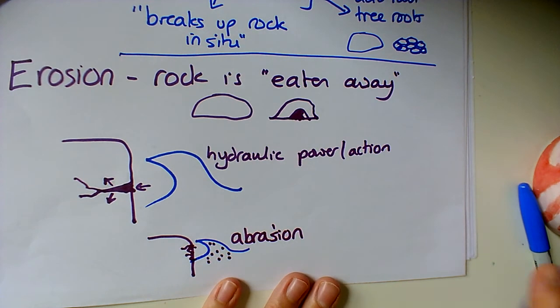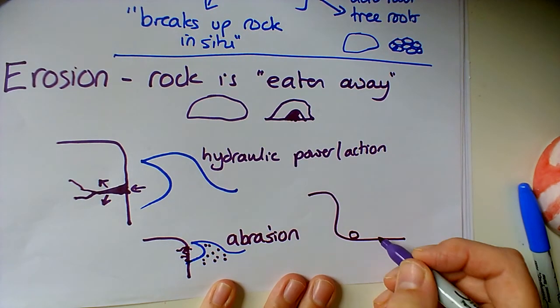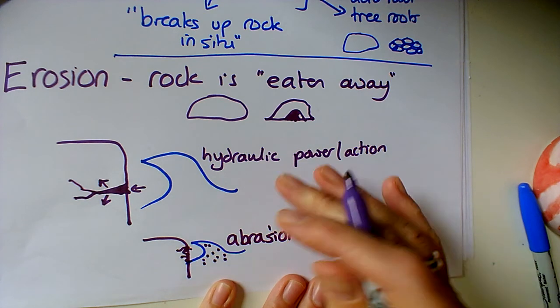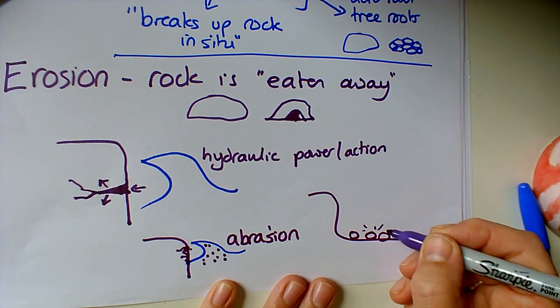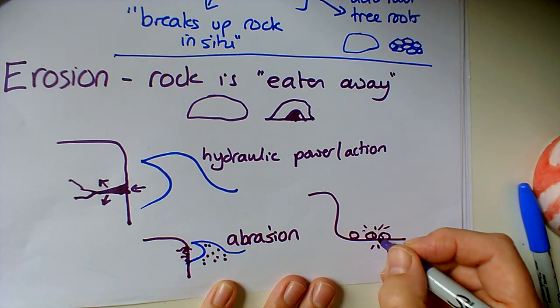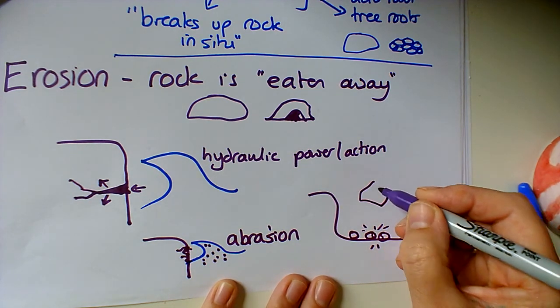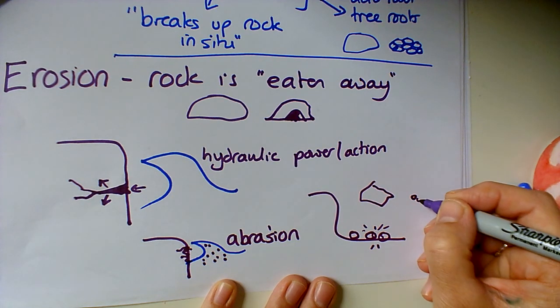Right, attrition. If we're at the bottom of the cliff in the sea, and there are some rocks moving around in the water like in a washing machine, they're bumping into each other. As they do that, they break off and get smaller and rounder. You can start off with quite angular bits of rock, and by the end they're very small, round sand.